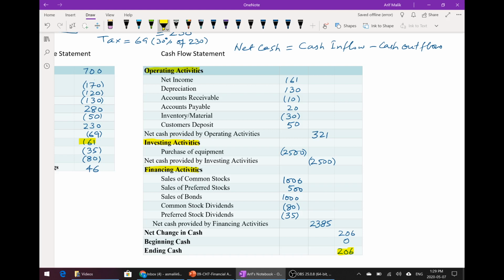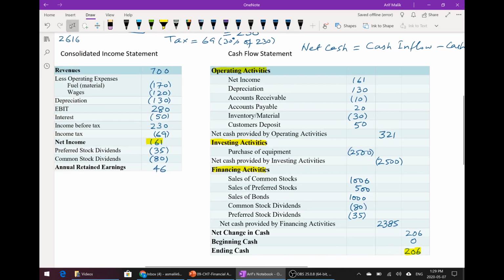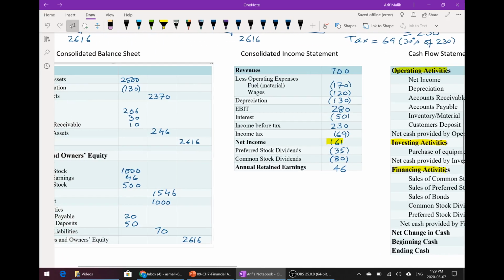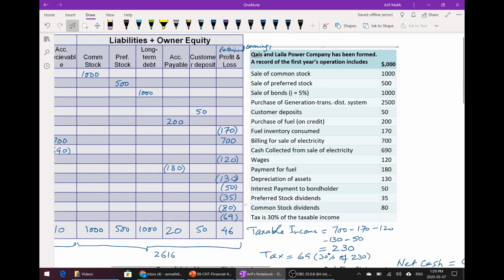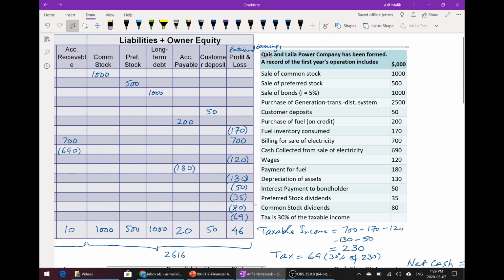That's all we have. What we have done is we were asked to prepare, from the given transactions for this power company, the balance sheet, income statement, and cash flow statement.